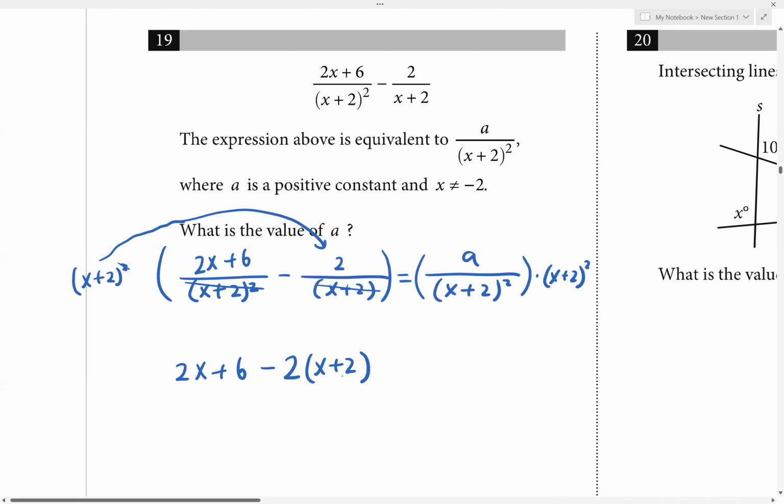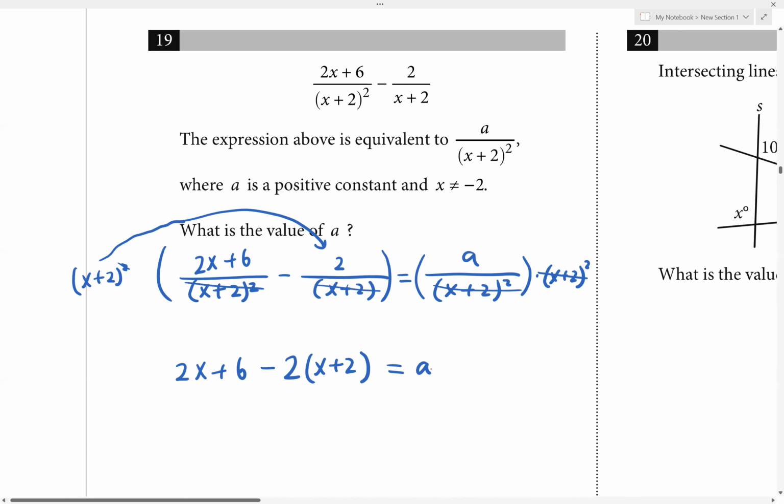That's it for the left side. On the right side, the denominator will just cancel, so we get a by itself. This is the equation after we simplify out all the denominators.